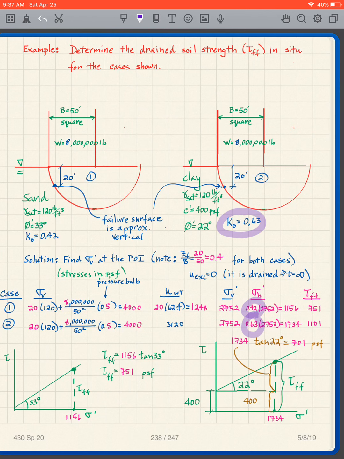Now I'm going to use the sigma H prime in my diagram. So I use 1156 and get my tau FF, and 1734 and get my tau FF. The geometry is the same, so I'm not going to go through it. So for this one, 1156 tangent 33 degrees, I get 751 for my tau FF there.